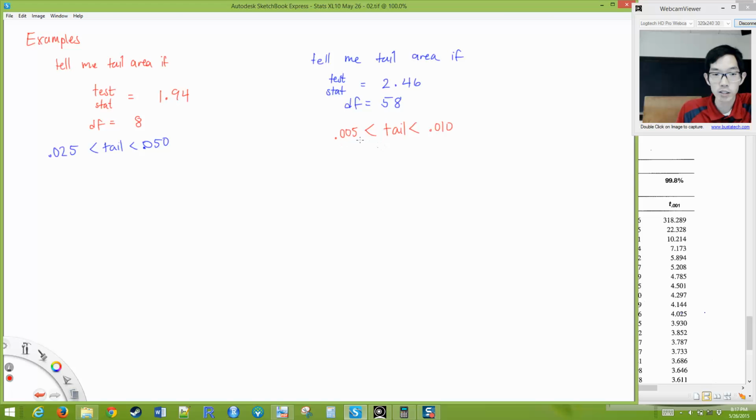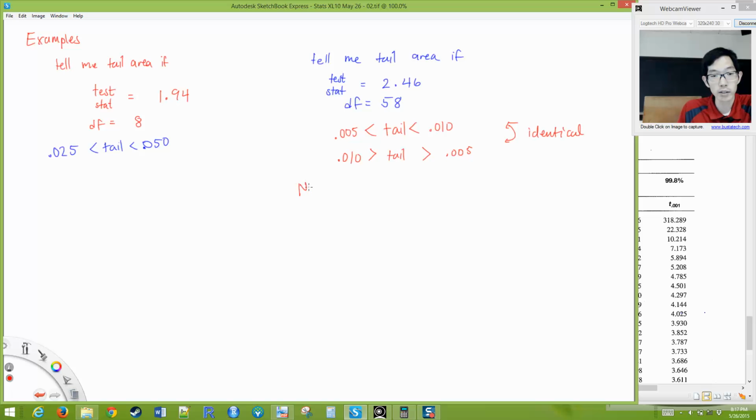Does the smaller value always have to be on the left? No. You could write 0.010 on one side and 0.005 on the other, but how are your signs pointed? They have to point this way, right? So either form is fine. These are identical. Either form is allowed.